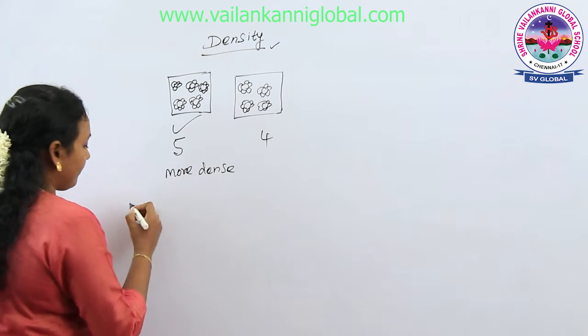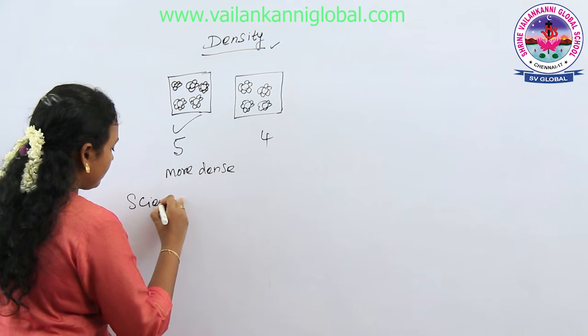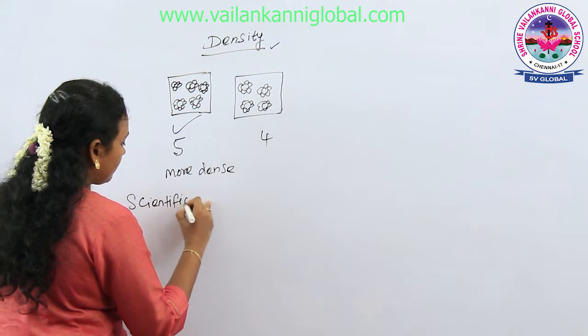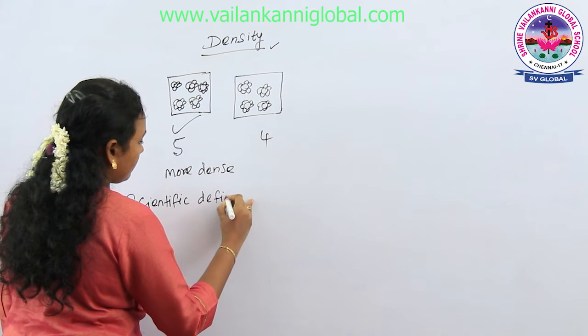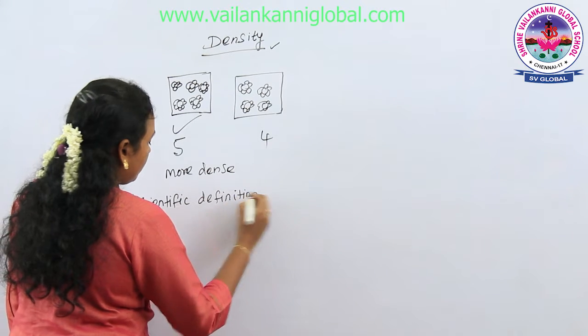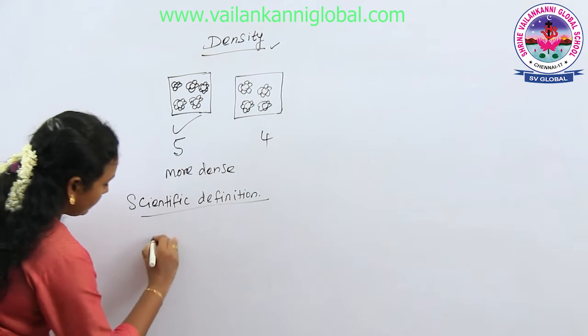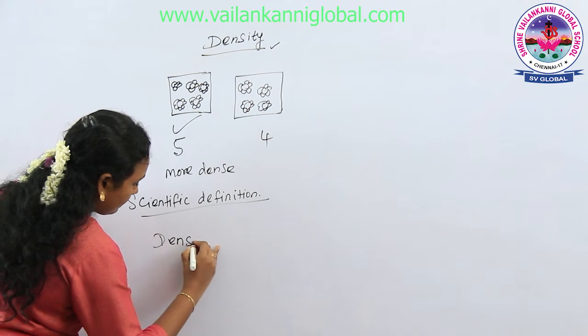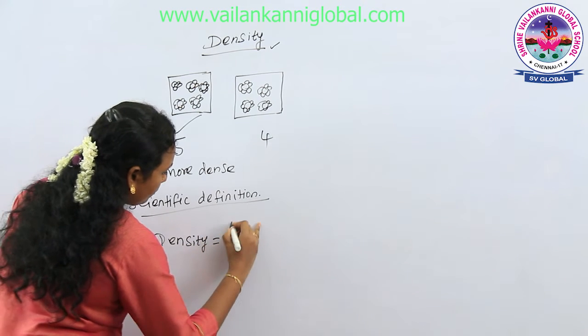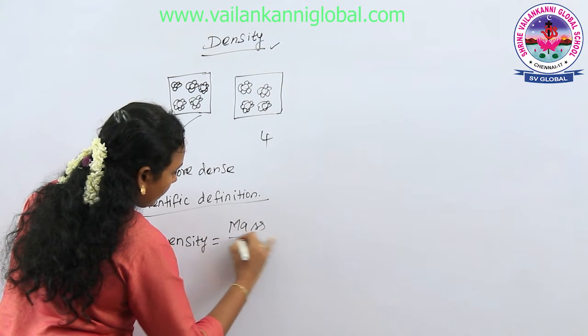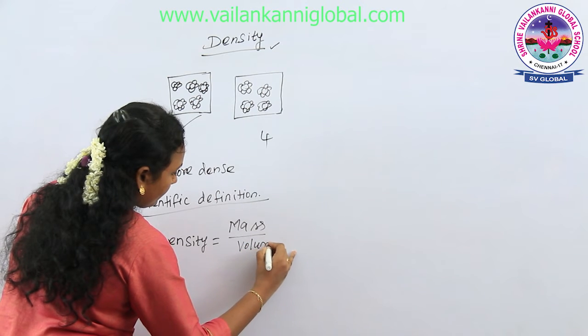So the scientific definition of density is density equal to mass by volume.